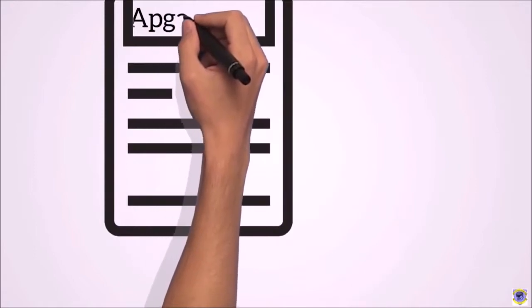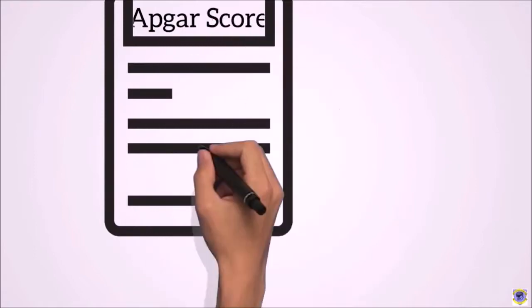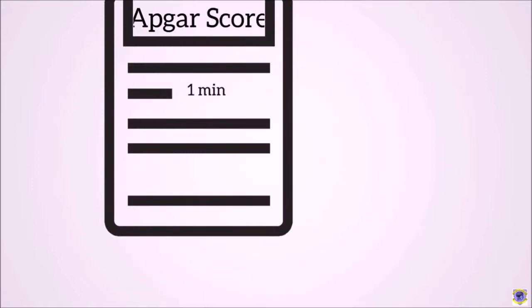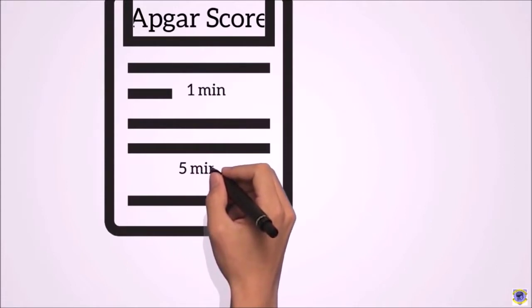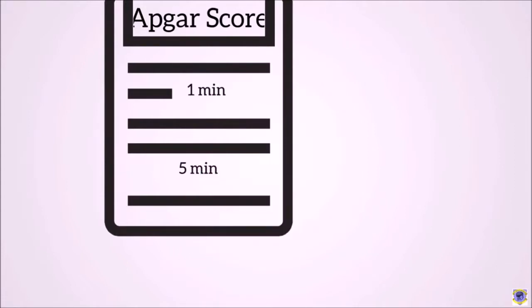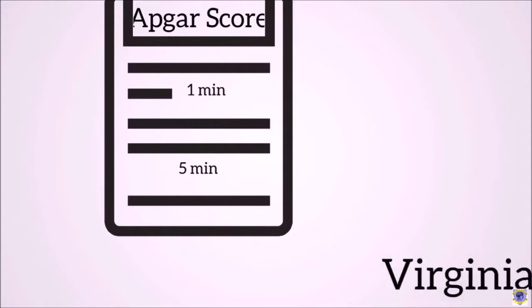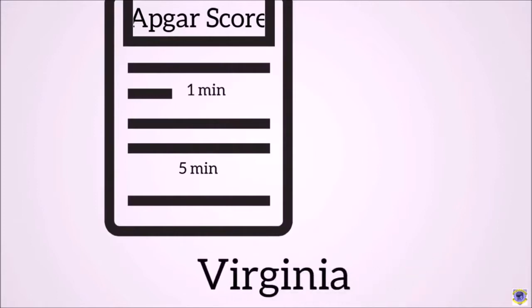The APGAR score is the first medical evaluation of infants and occurs in the first minute of life, and then is repeated 5 minutes after birth. It was named after Virginia Apgar, who first proposed it in 1953 as a way to evaluate the health of the newborn in measurable, quantitative terms. It is used today in all modern hospitals.